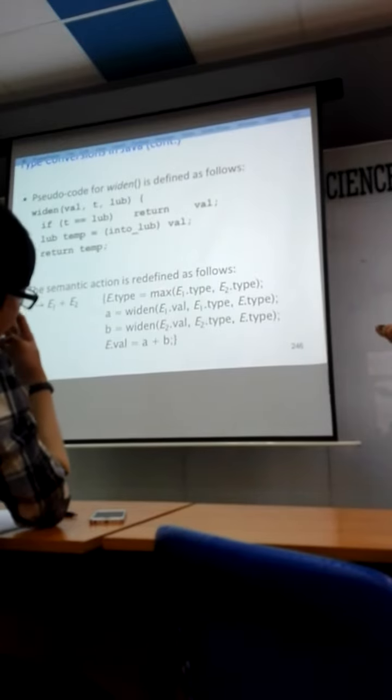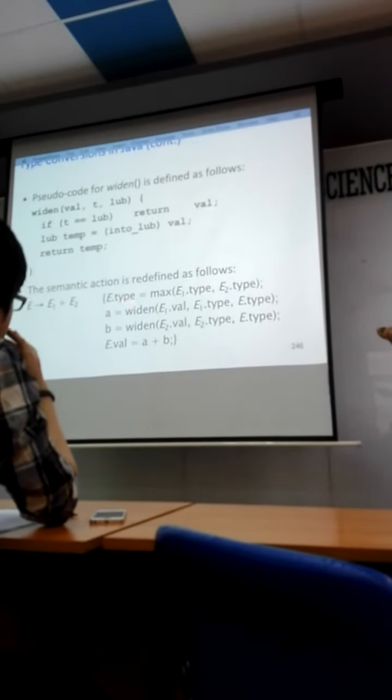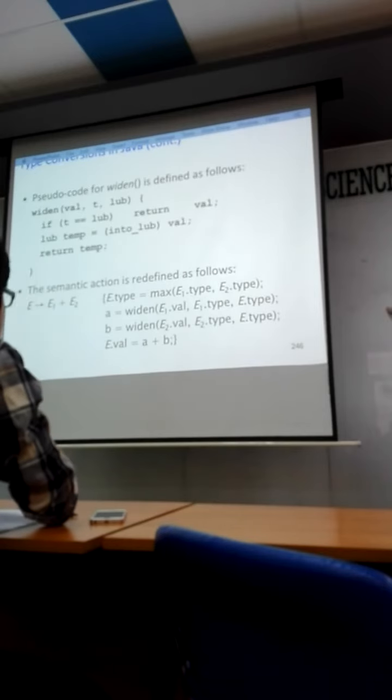If we confine ourselves to type checking only, then the first semantic action is enough. Otherwise, if we need to compute the value of this expression, we use the next three semantic actions. Okay? Any questions?